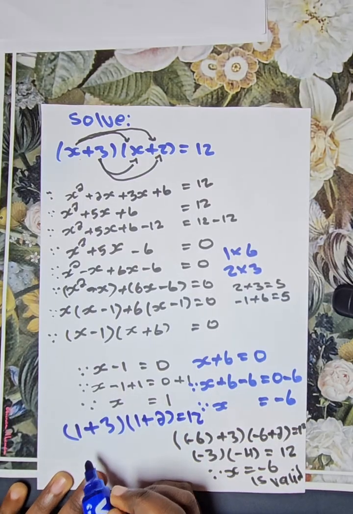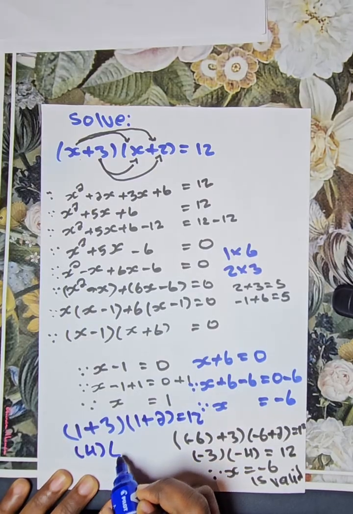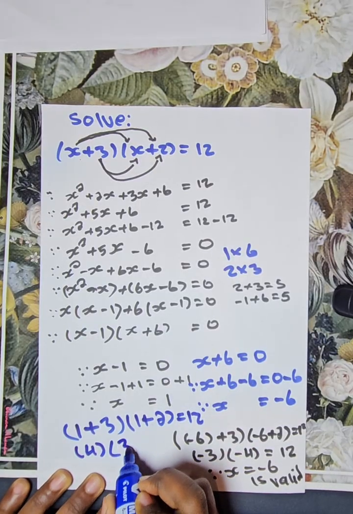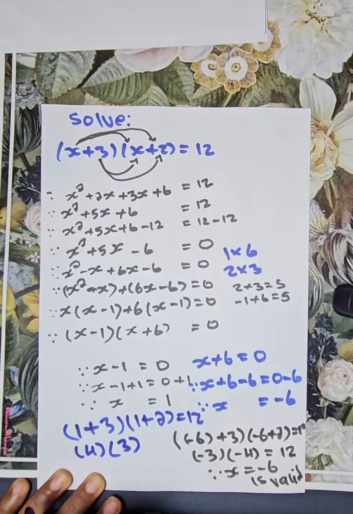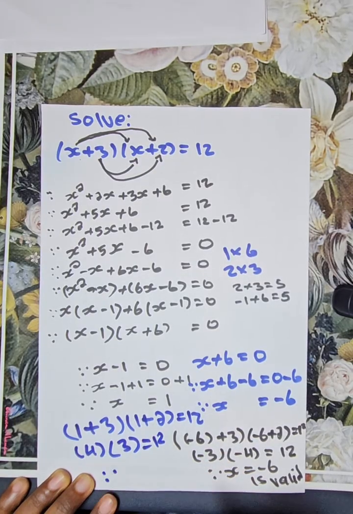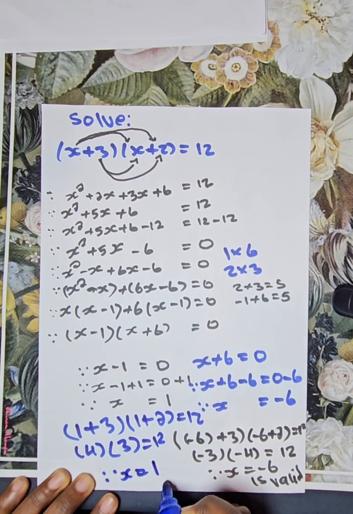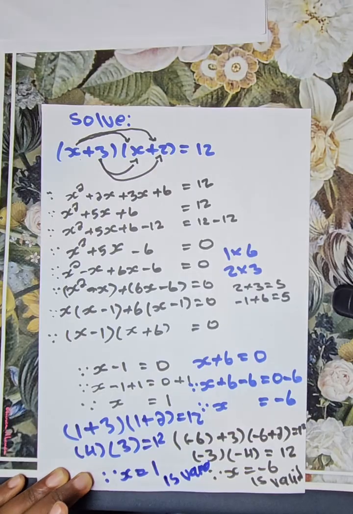If I add 1 plus 3, this equals 4. And if I add 1 plus 2, it gives me 3. If I multiply 4 by 3, it gives me 12. Therefore, x equal to 1 is valid. Well done. Then you can submit your work. Thank you.